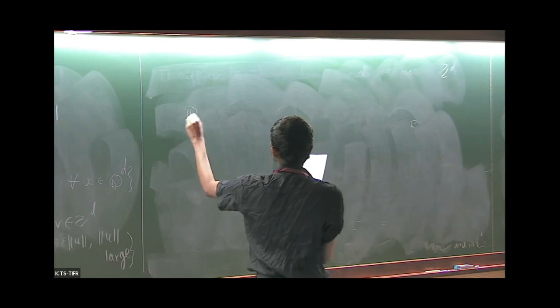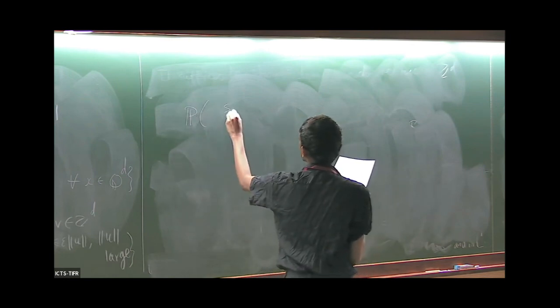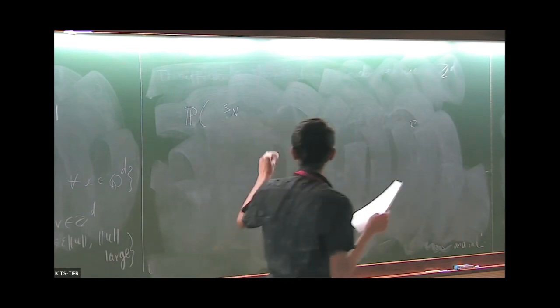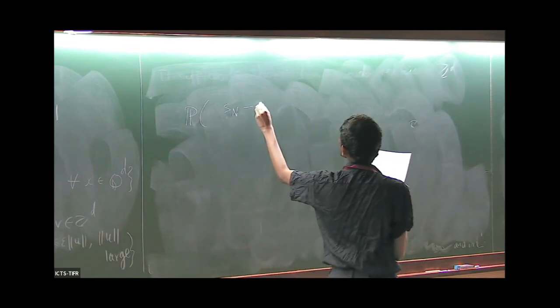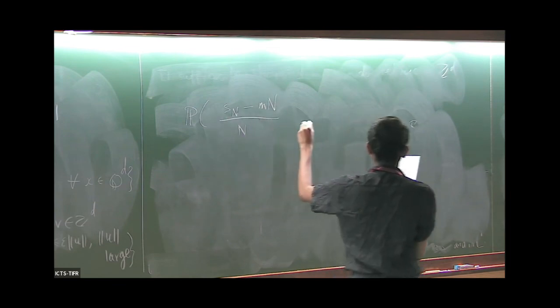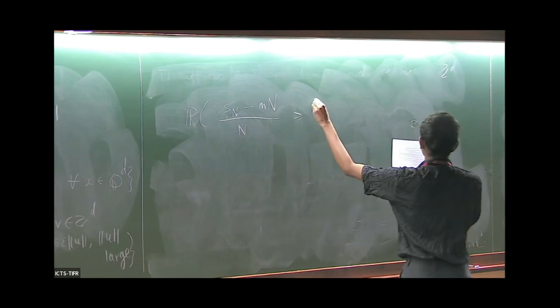So I have the probability is upper bounded by the probability that S_n, which is like a simple random walk with increments distributed like f, is bigger than 10 times.